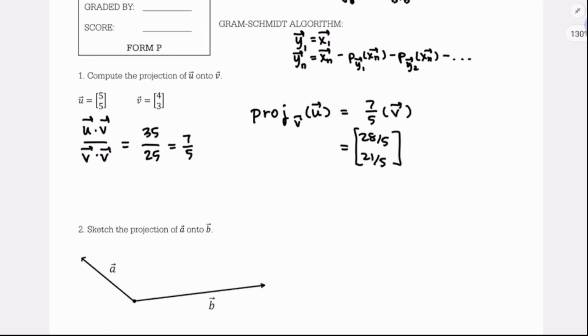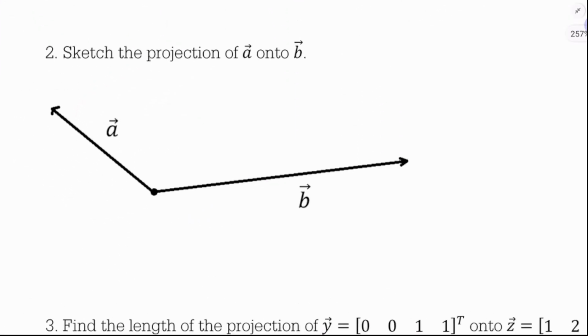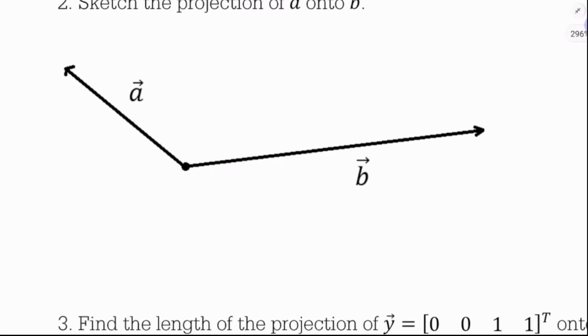All right, sketch the projection of A onto B. Okay, well, what I'm going to do is try to extend B the way it was going. Let me do this a little better.